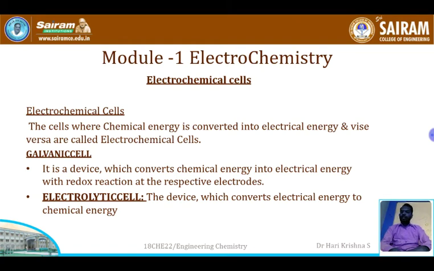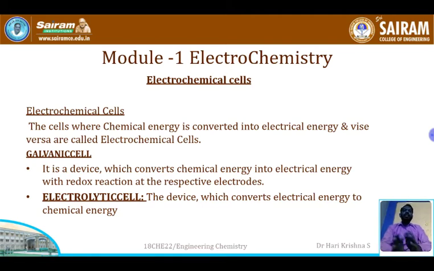So what are electrochemical cells? Electrochemical cells are devices which convert chemical energy into electrical energy and electrical energy into chemical energy.